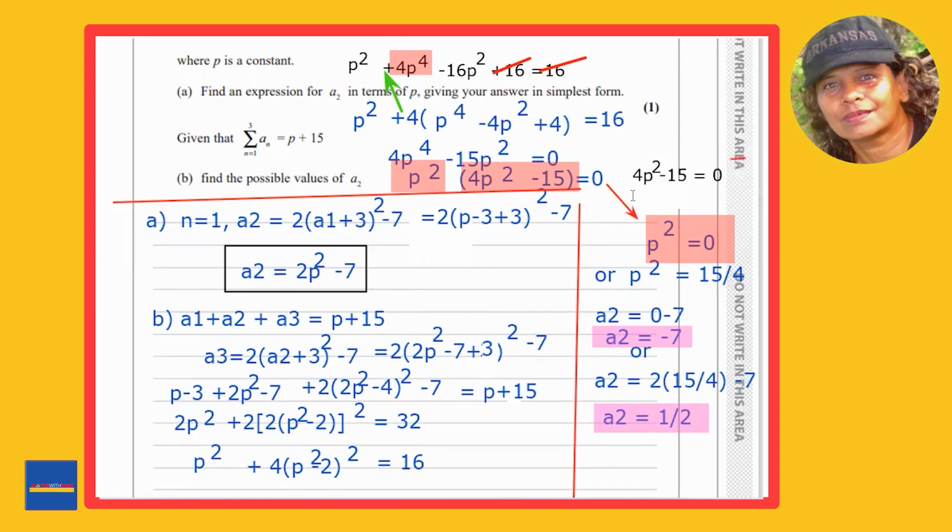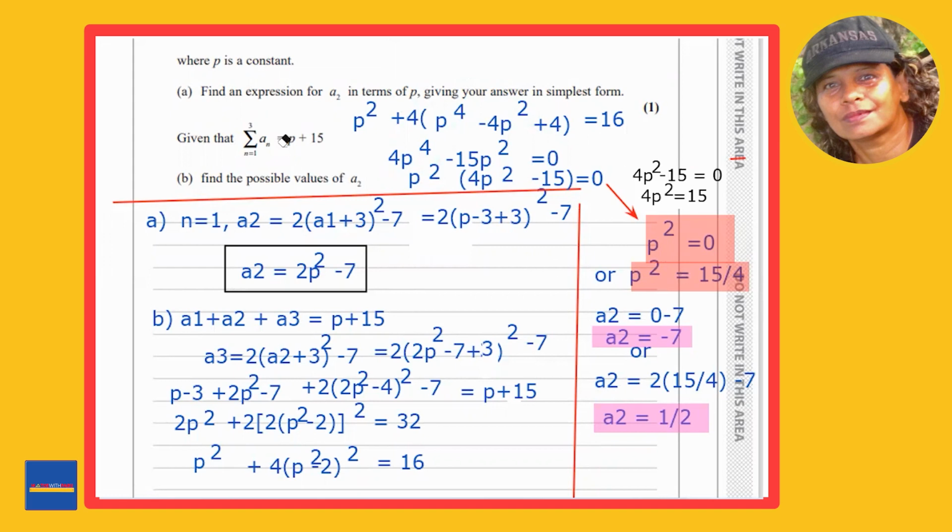So if 4P squared minus 15 equals 0, then 4P squared should be equal to 15, and then P squared should be equal to 15 over 4. I'm going to erase the other writing so it's not too much for you. So here we have P squared equals 0 and P squared is equal to 15 over 4.